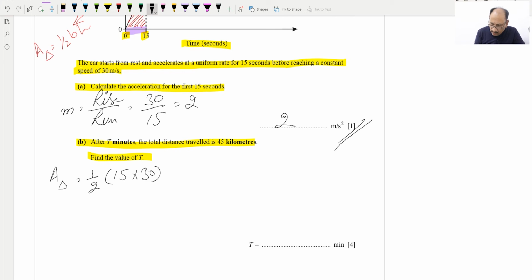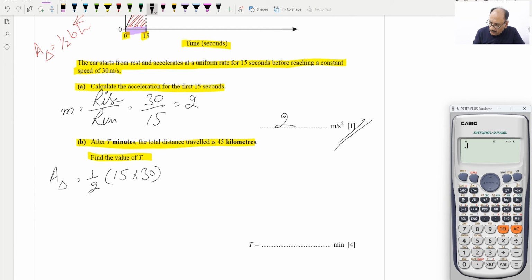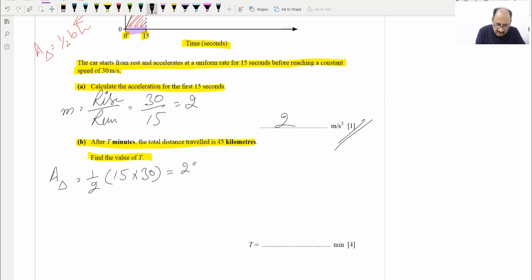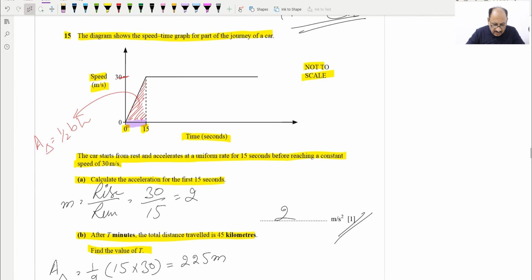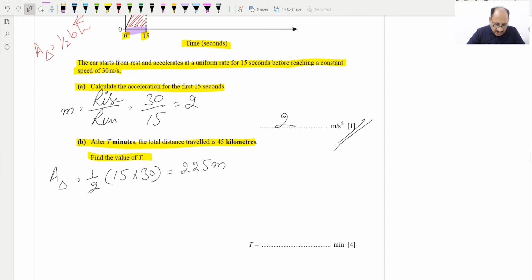So this will be equal to 0.5 into 15 into 30, 15 into 30, and this will give us 225 meters. So 225 meters. This is the distance. Area under the graph in case of speed time graph is giving us the distance, so that's why we are writing this as distance.